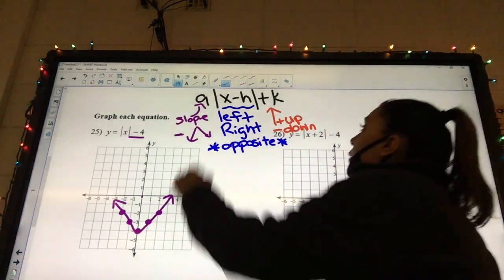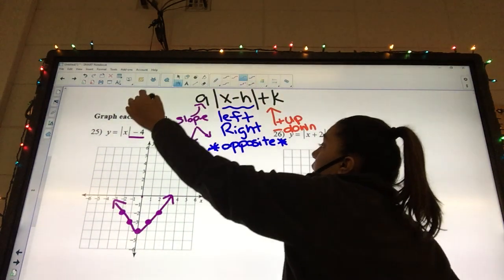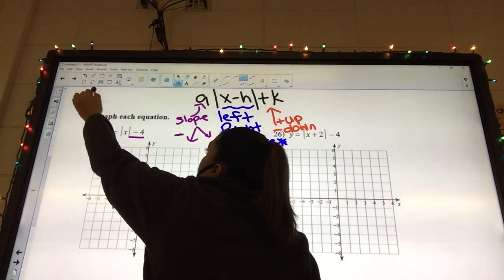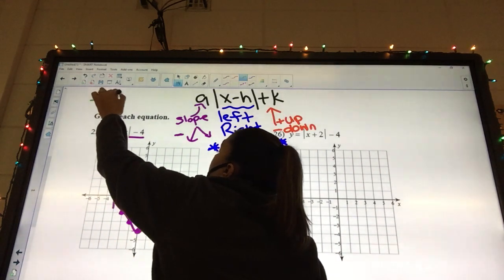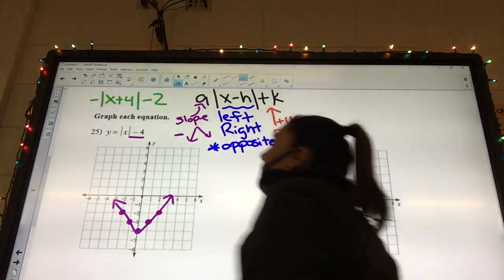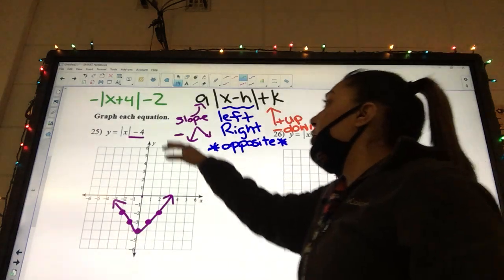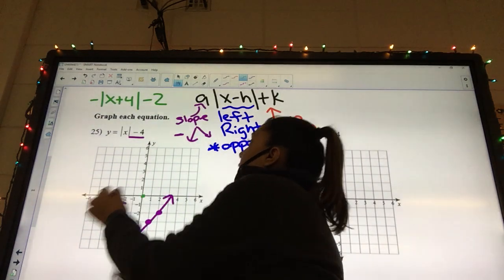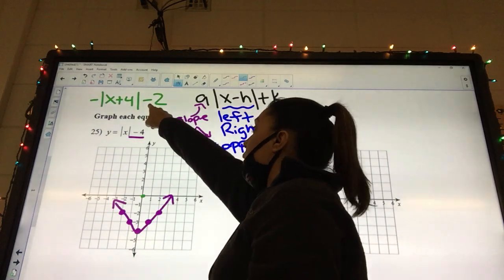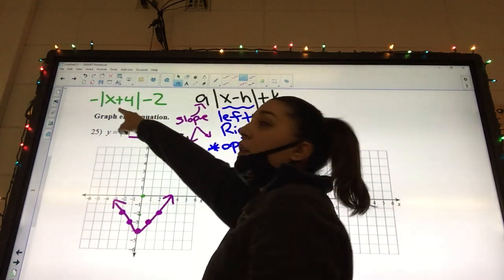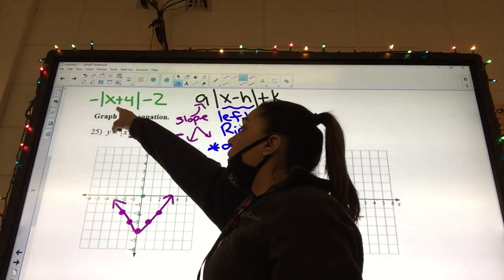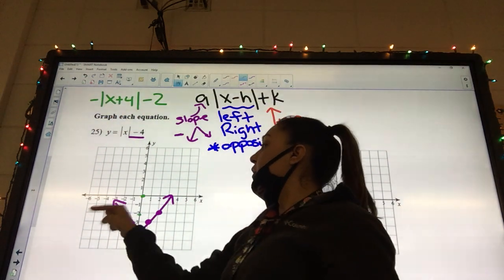I'm going to give you one more example so you have something to do. We start at 0. What does this -2 do? It tells you we're going down 2. What does this +4 do? It goes over to -4.